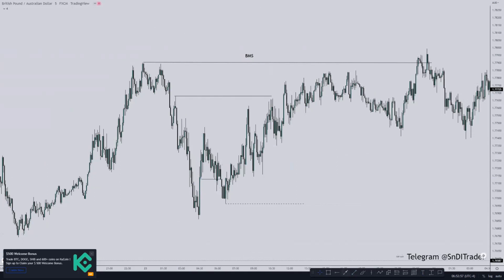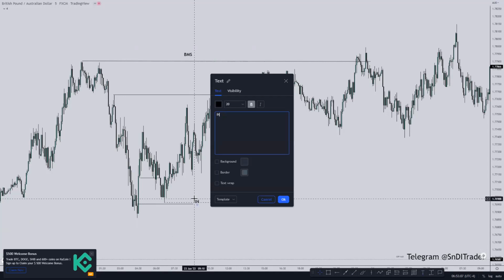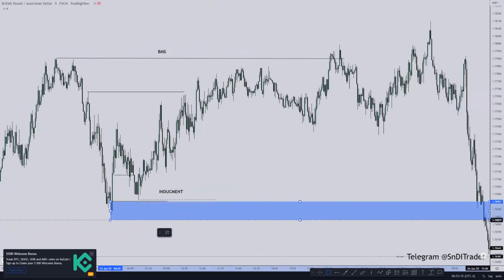There is still some fair value gap left here. What I was waiting for was price to come around this block, and this was the inducement here. So this just became my point of interest right here. I was looking for buys around here.